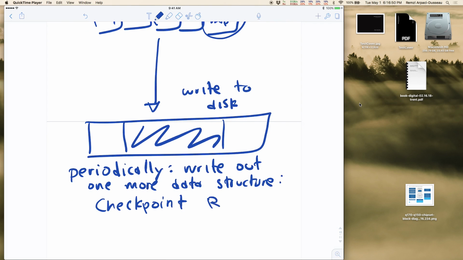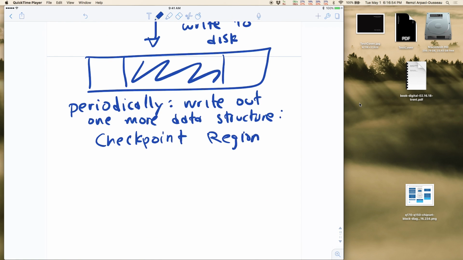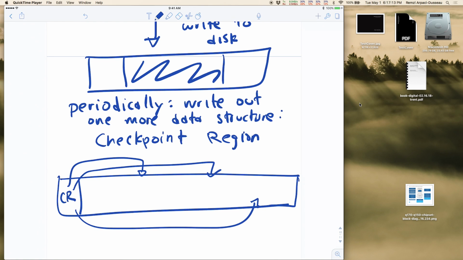Here's our entire disk right here. The checkpoint region is kind of like the super block in our existing file system. And what the checkpoint region has in it primarily is pointers to pieces of the inode map.